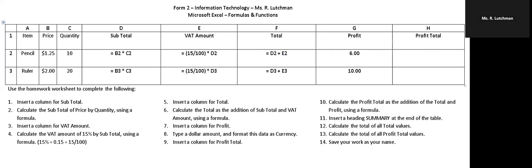So equal, total is, what's that, F2 plus profit is G2. Next one, equal, of course. Total, F3 this time, plus, this is G3. All right. Nice.